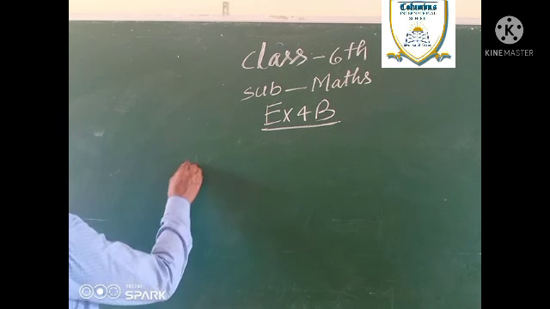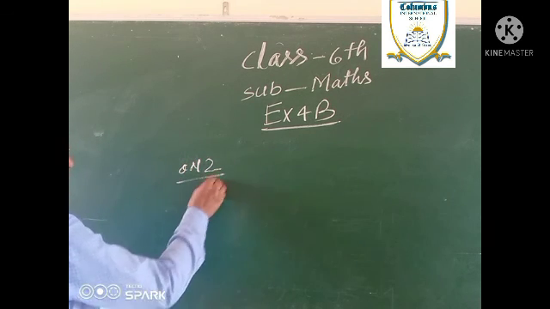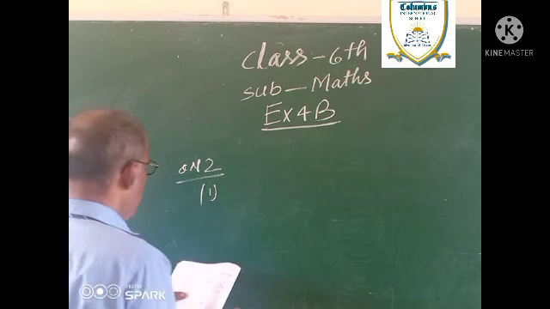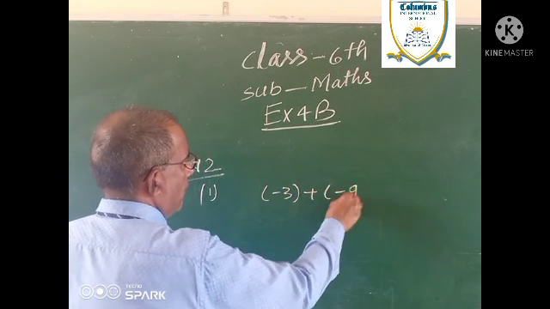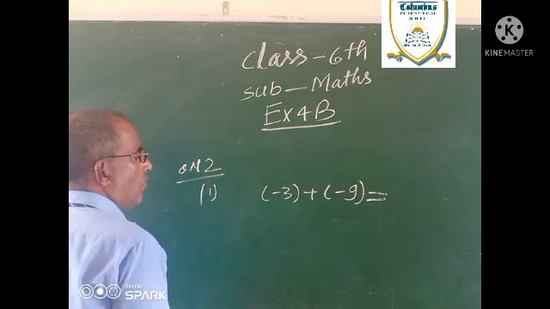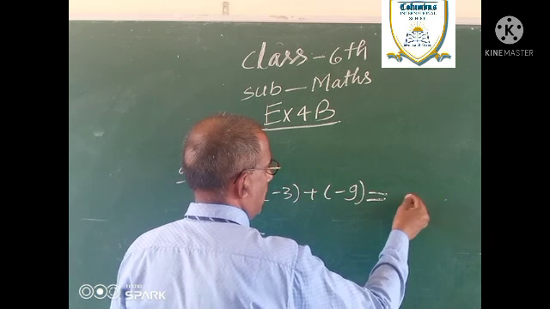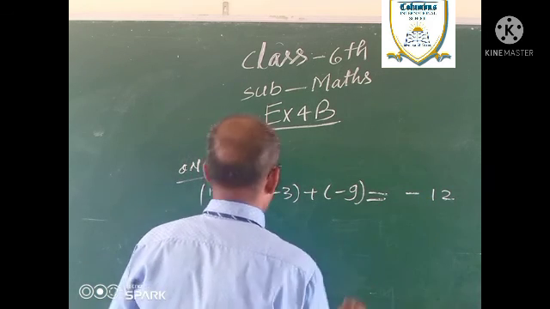See the next question, question number 2. First, -3 plus -9. We add this number and put the minus sign. 9 3 12. Put the minus sign.